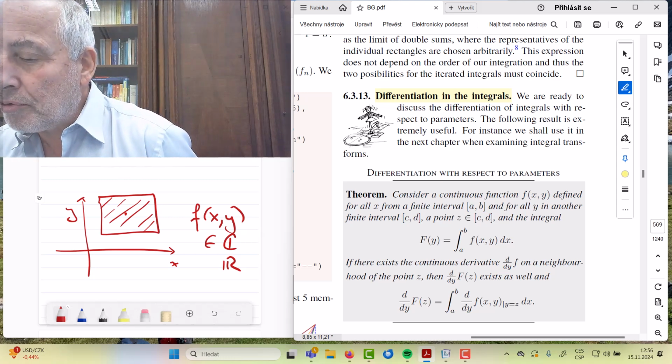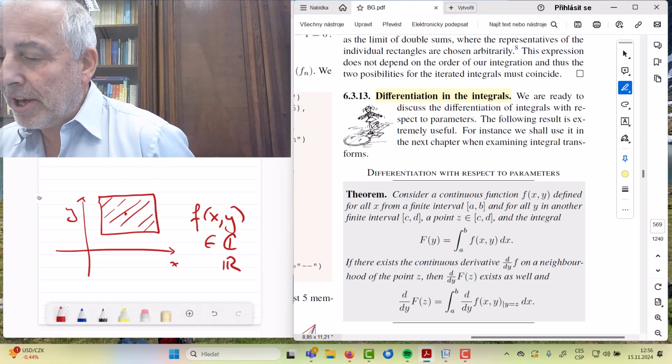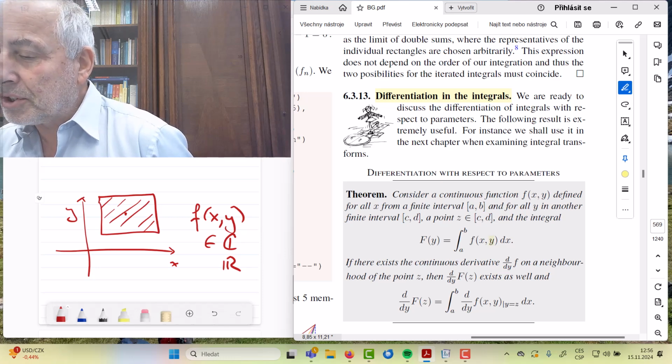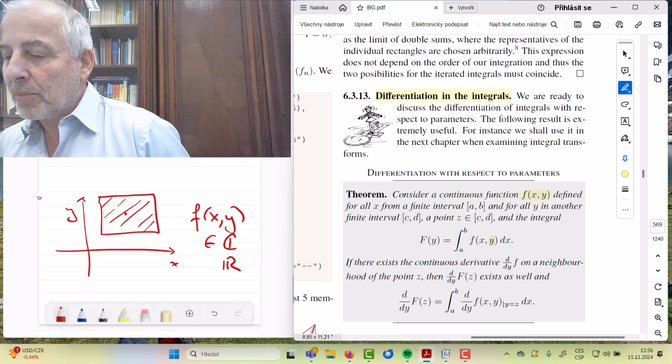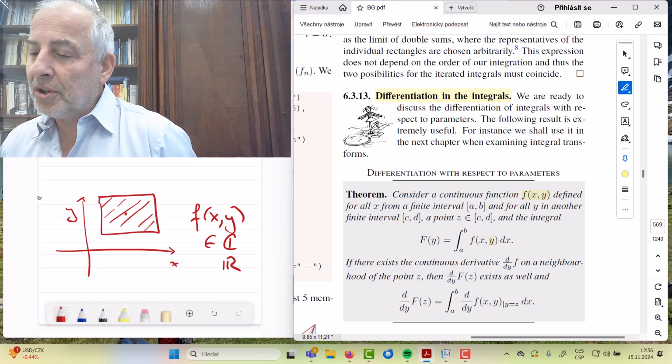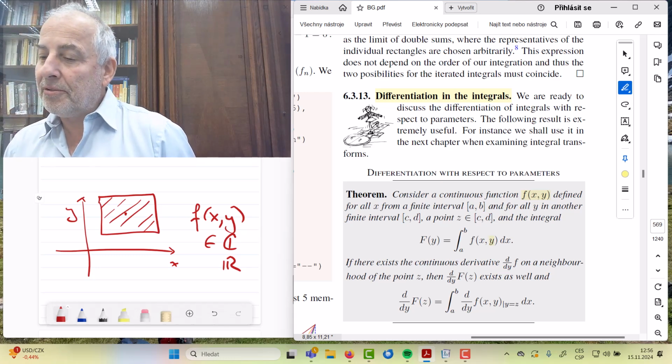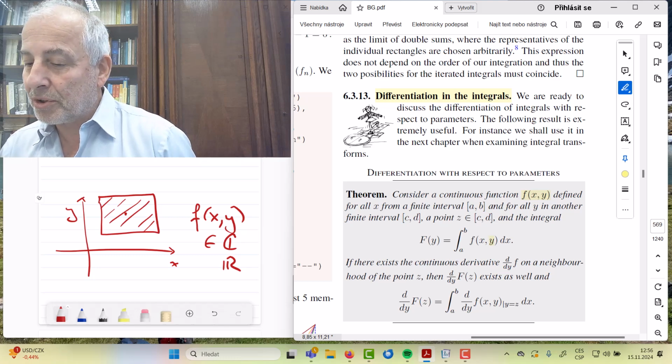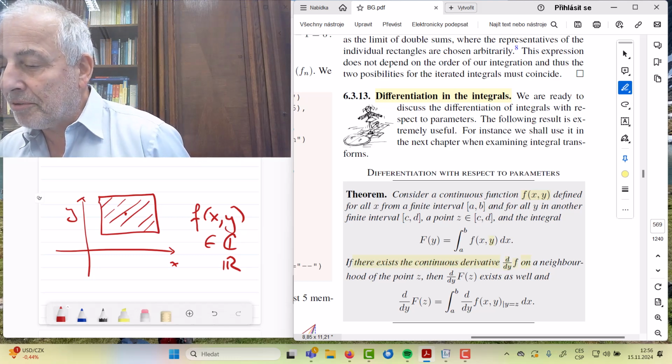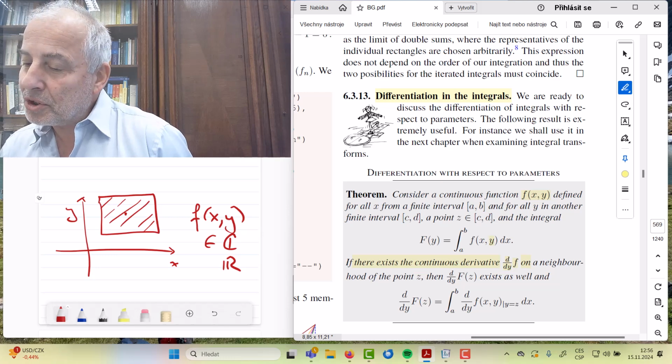We can prove that actually, if we have this kind of integration depending on parameter, and this function f was not only continuous in y, but differentiable in y.